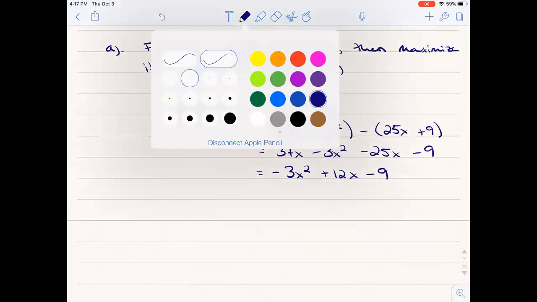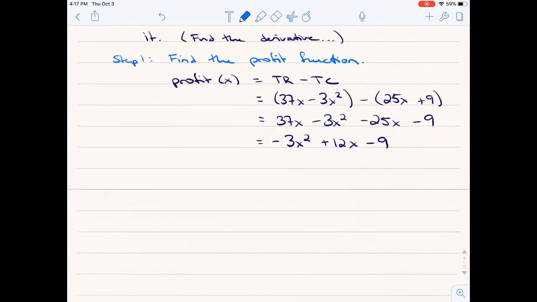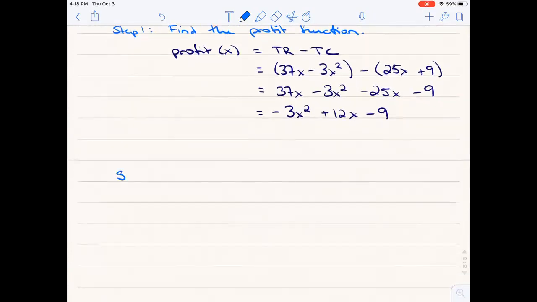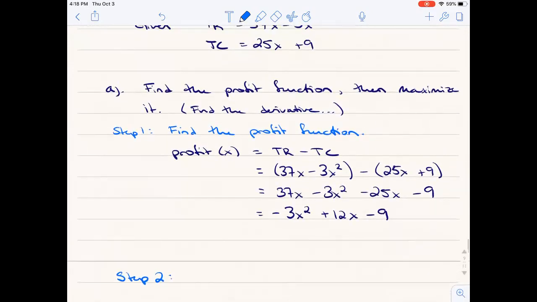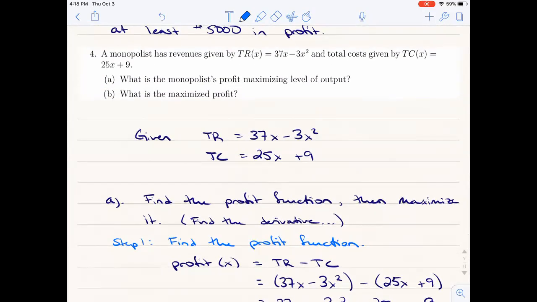Oh, I guess I can break these into steps if you want. So step 1, find the profit function. Step 2, for part A, what's the monopolist profit maximizing level of output?